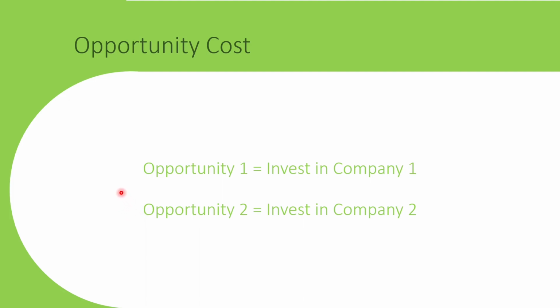And similarly, if you went for opportunity two, then you are giving up opportunity one, and therefore opportunity one is your opportunity cost. And so, as you can imagine, any choice that you make has an opportunity cost, because whatever it is that you spend doing that thing, whether it be money, whether it be time, whether it be anything else, that money, time, or anything else could have been spent elsewhere as well. Okay?